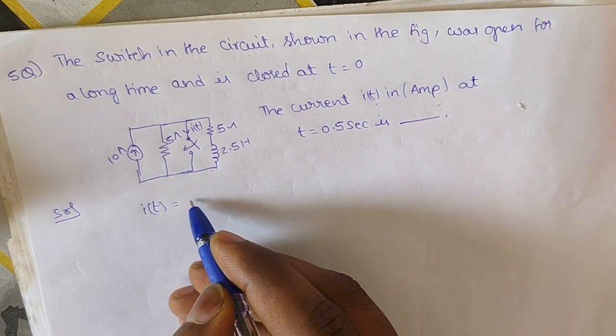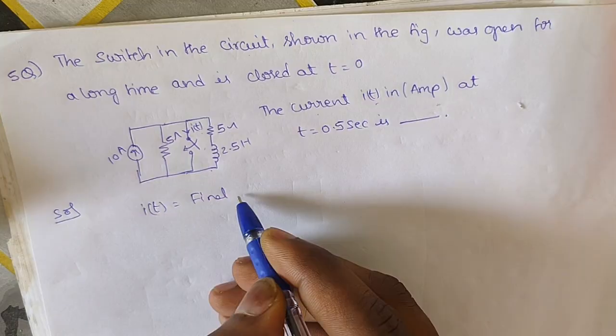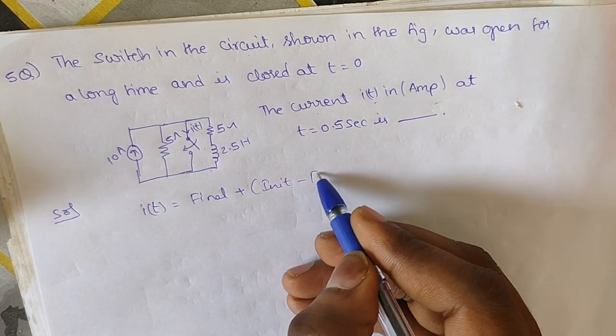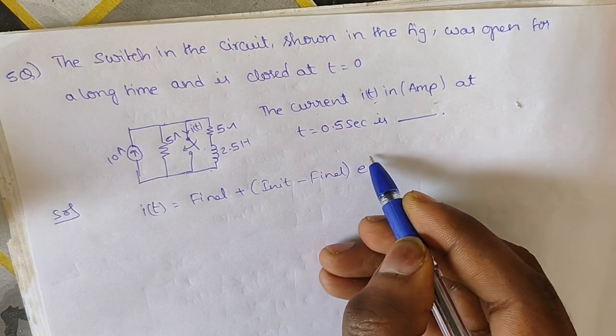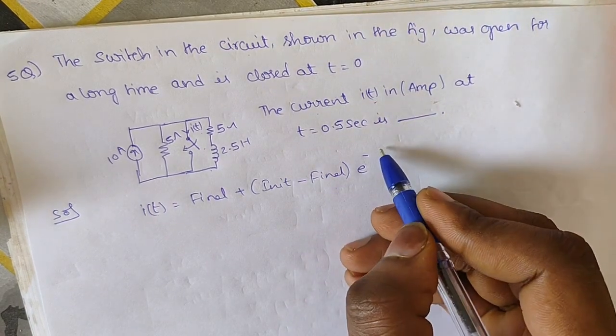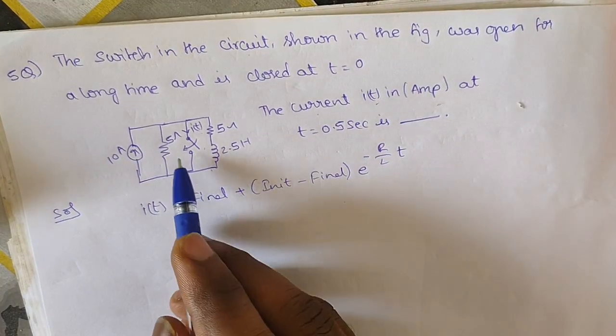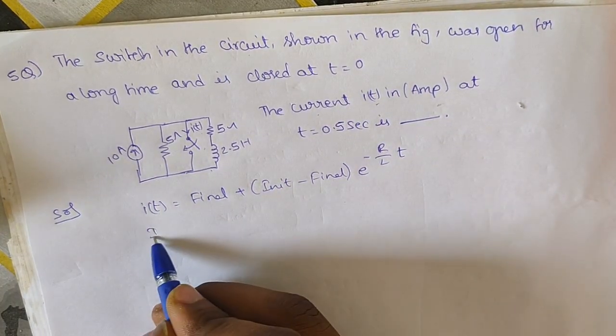The current equation is final plus initial current minus final current into e power minus r by l into t. Now we need to find the initial current.